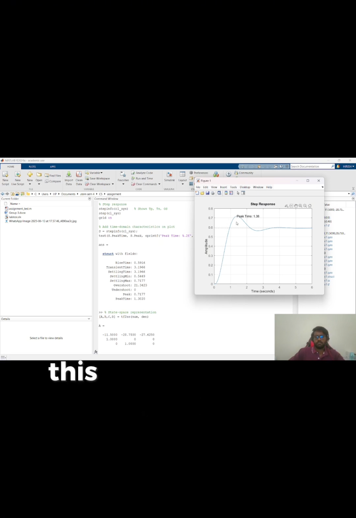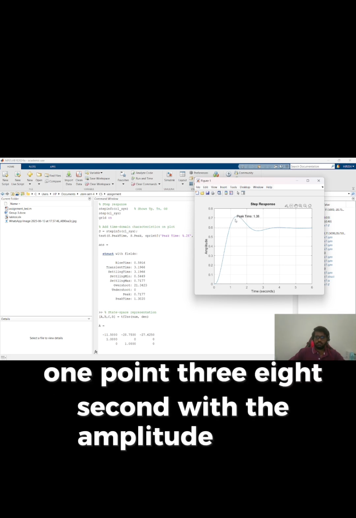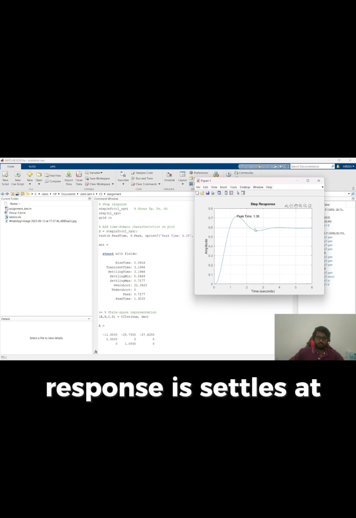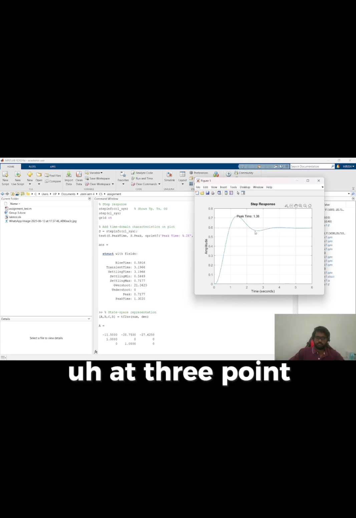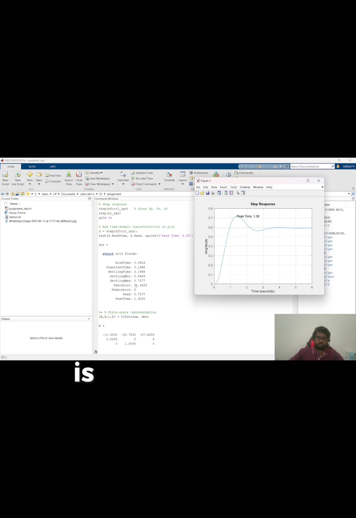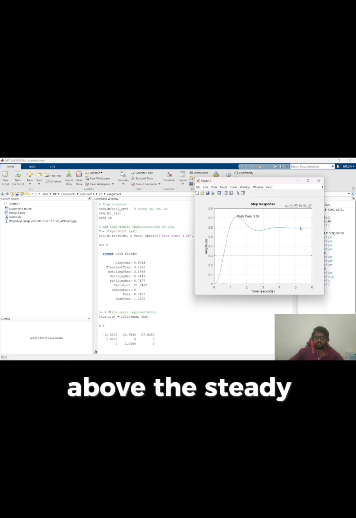In this plot we can see that the peak time is at 1.38 seconds with an amplitude of 0.7177, and the response settles within a 2% band at around 3.20 seconds. The overshoot, as we can see over here, is 21.34% above the steady state value.